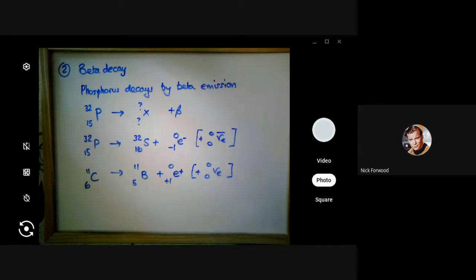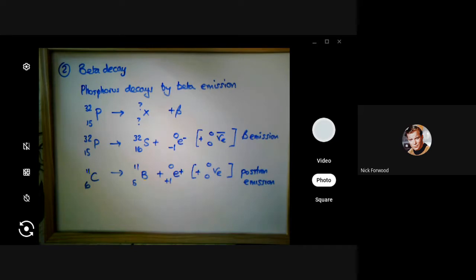An ordinary neutrino doesn't have the bar across the top. If you have the bar across the top, it makes it an anti-neutrino. So this is positron emission, and this is our more normal beta emission. All I did was change my beta into an electron, because that's actually what it is.